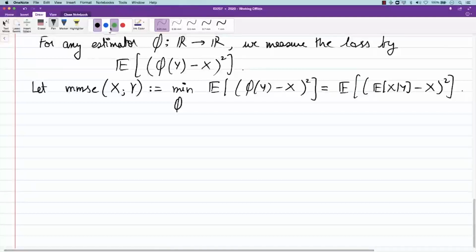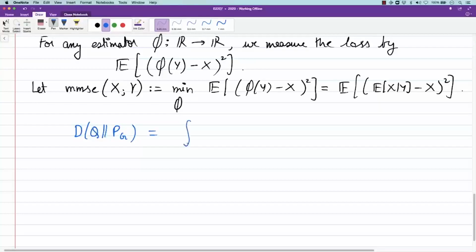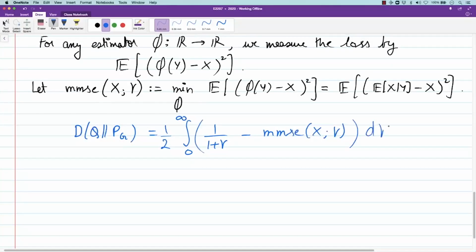So the formula says that the divergence between Q and standard Gaussian PG is equal to half integral from 0 to infinity of 1 by 1 plus gamma minus MMSE x gamma, where x is distributed according to Q.